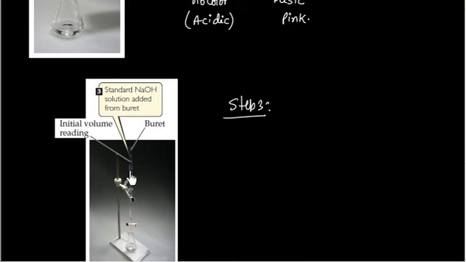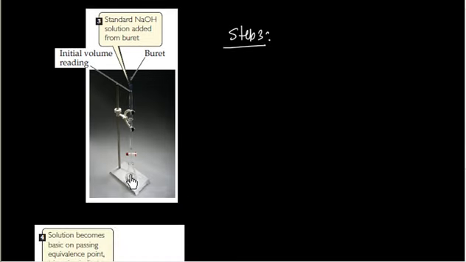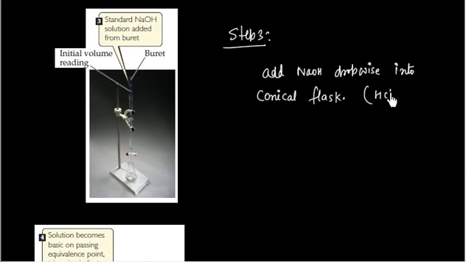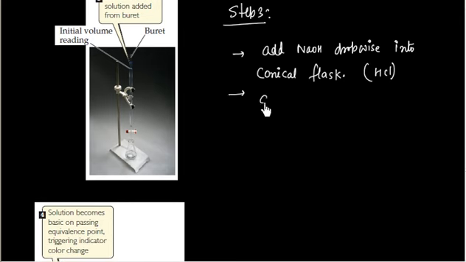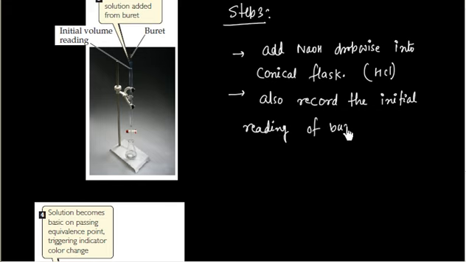Then we add this solution slowly, dropwise, into the conical flask containing the HCl solution. We also record the initial reading of the burette.